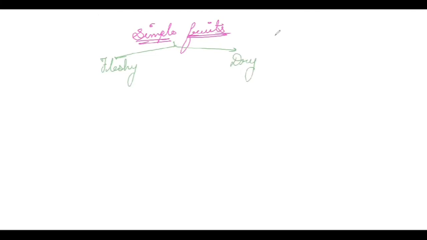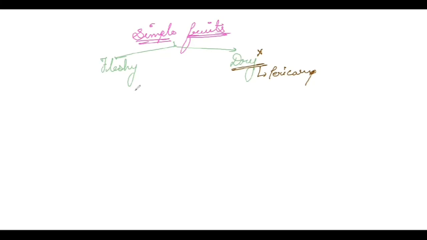We are not going to talk in detail about the dry fruits, we are just going to have a general knowledge about them: here, the pericarp is completely dry and it usually remains attached to the fruit itself or to the seed itself. Clear? Now, what we have to discuss is the fleshy fruits.